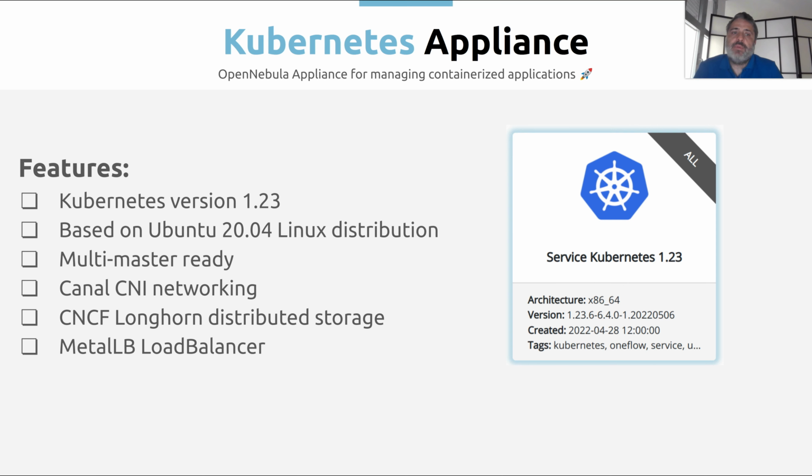Now, the Kubernetes appliance is implemented by using OneFlow. So it's implemented as a OneFlow service. And OneFlow allows you to define, execute, and manage multi-tier application in OpenNebula, what we call services. So these services are composed of different groups of virtual machine that are interconnected, and that can have deployment dependencies between them.